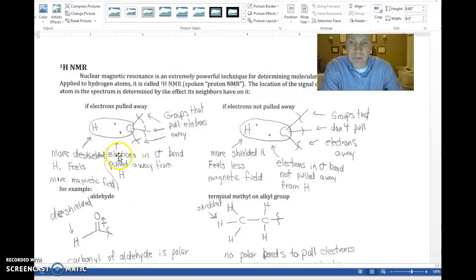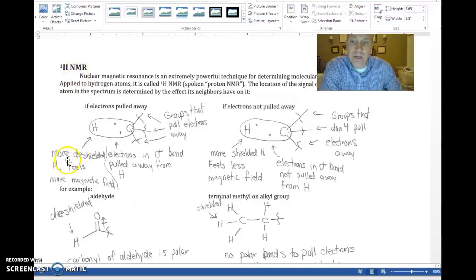If the electrons in that sigma bond are pulled away from that hydrogen, essentially what that means is that this hydrogen right here, and by the way, people use the term hydrogen and proton interchangeably. Remember, what's in the nucleus of a hydrogen atom is just a single proton, and that's why they call this proton NMR instead of HNMR.